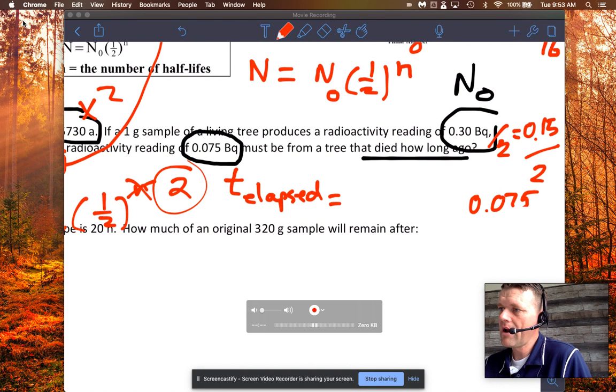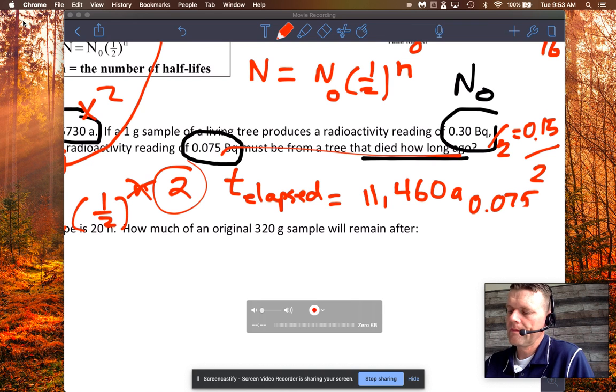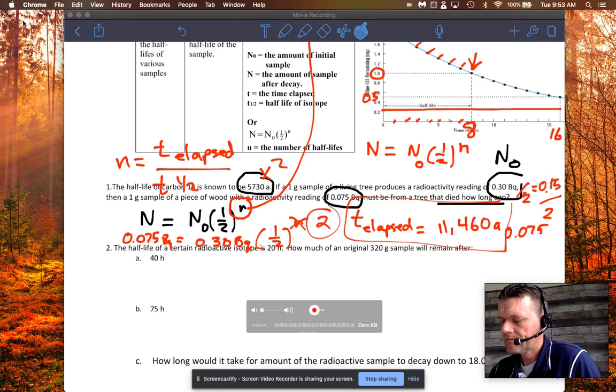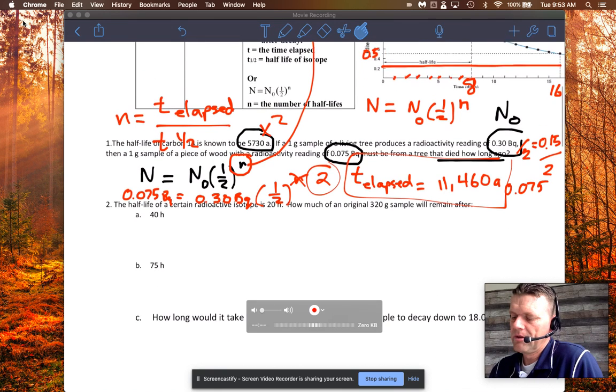So the time would be 11,460 years. Sorry, I did not write that well. Now, you're not using any logarithmic formulas, so 11,460 years.